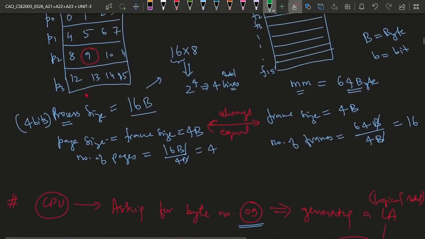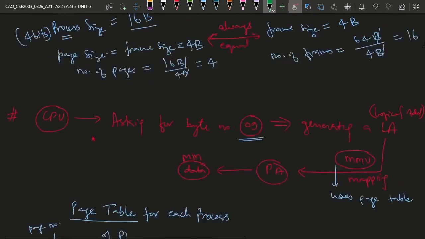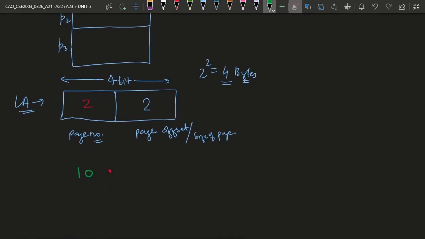The 9th byte is stored at index number 1, so the offset is 01. So you can see this is the page number, this is the page offset, and overall, if we write it out, it is 1001.